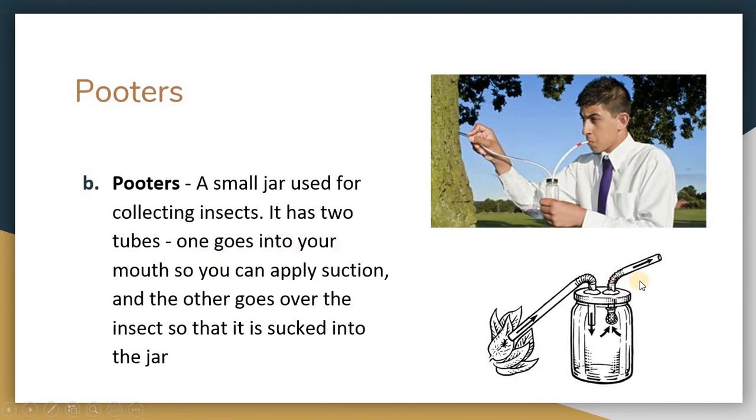One goes into your mouth, this part here, so that you can apply suction, and the other goes over the insect so that it is sucked into the jar. When this young man sucks through this straw, you draw the air, and so you suck this little insect into the pooter.